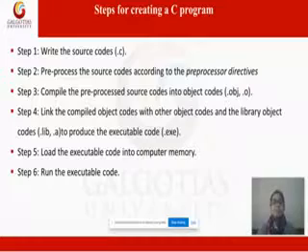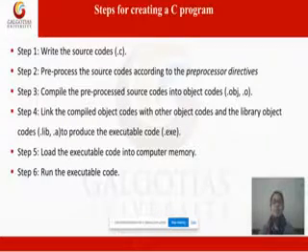So, the steps for creating a C program. If you remember in the last lecture, we wrote some code where we used the function printf to print a message, hello world, right? Now that code is a source code file and you save it with the extension .c, just like you save your PowerPoint presentation with .pptx or your Word documents with .doc or .docx.